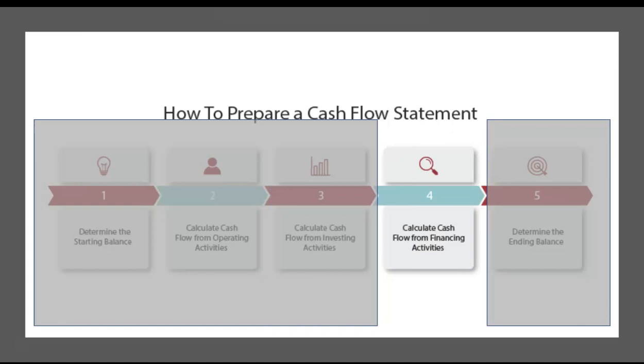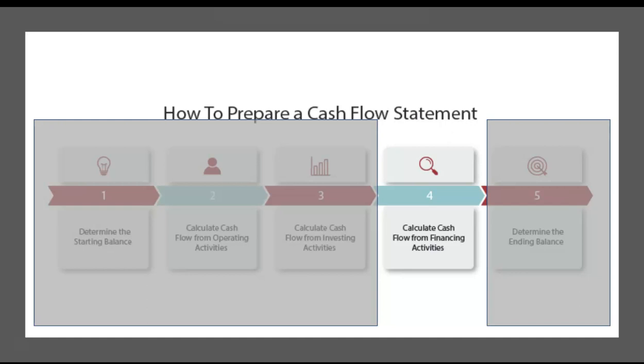Fourth, calculate cash flow from financing activity. The third section of the cash flow statement examines cash inflows and outflows related to financing activities. This includes cash flows from both debt and equity financing, cash flows associated with raising cash, and paying back debts to investors and creditors.